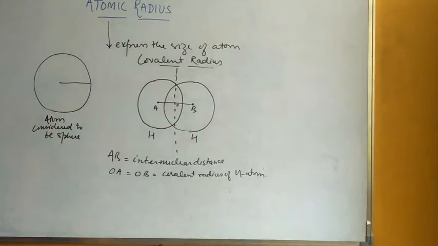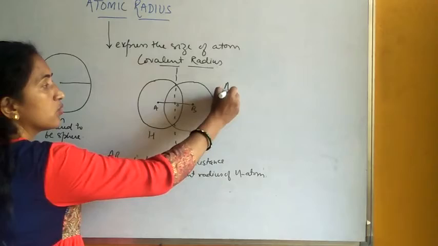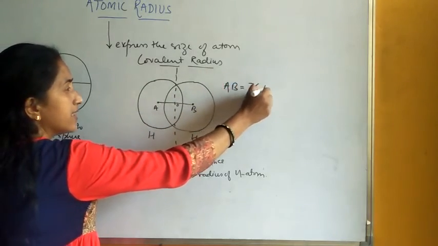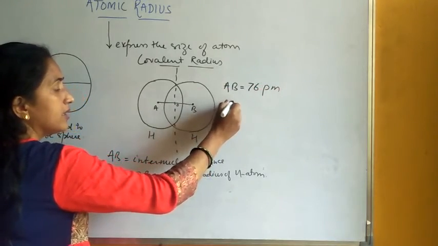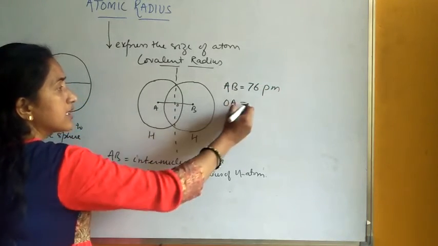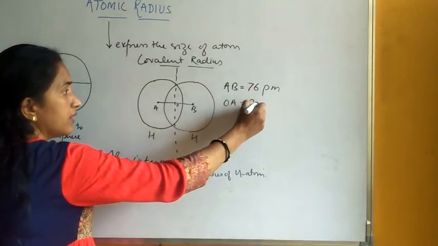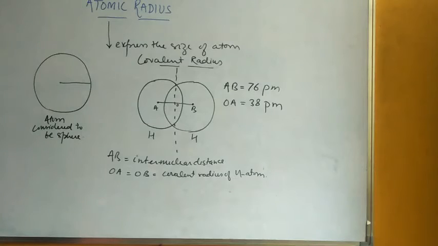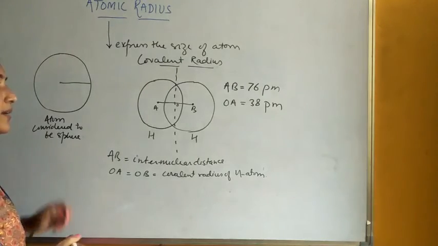So here the two hydrogen atoms are covalently bonded. If the internuclear distance between the two covalently bonded hydrogen atoms is nearly 76 picometer, then the covalent radius is going to be nearly 38 picometer, that is OA. Now OA is the covalent radius of the hydrogen atom.